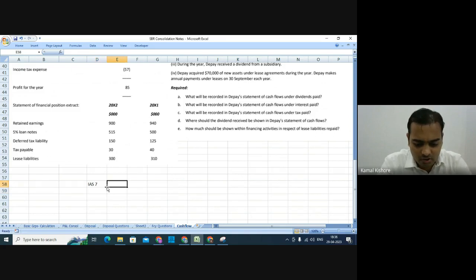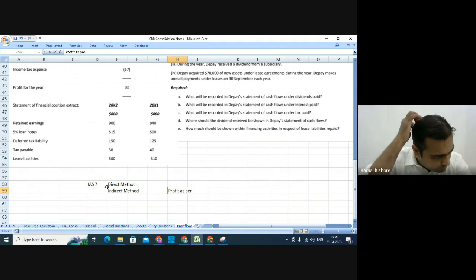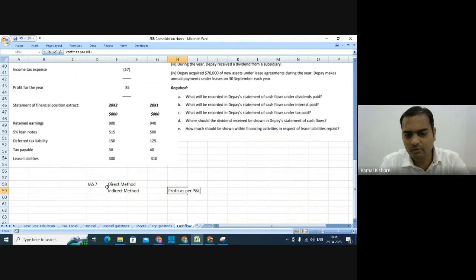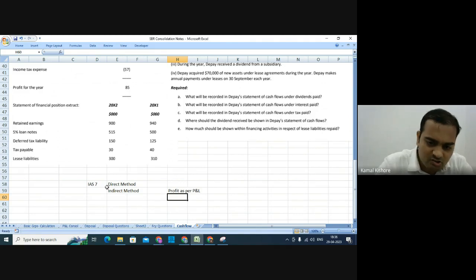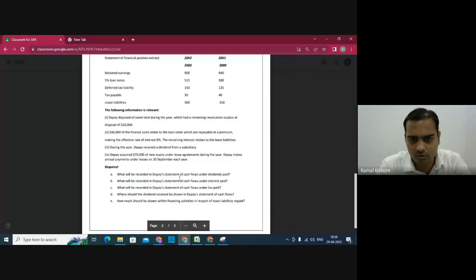There are two methods. They do not mandate which method you have to use, but generally people prefer the indirect method. Indirect method is where you start with profit as per P&L, profit before tax or net profit, whichever line you start off with. Then you adjust all non-cash items, as we have seen in this example.